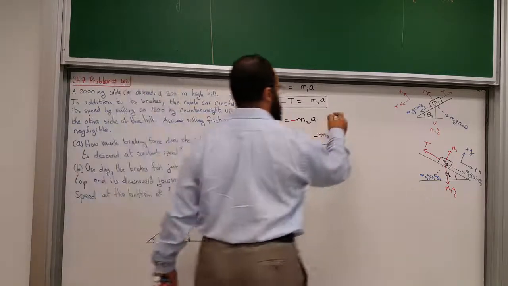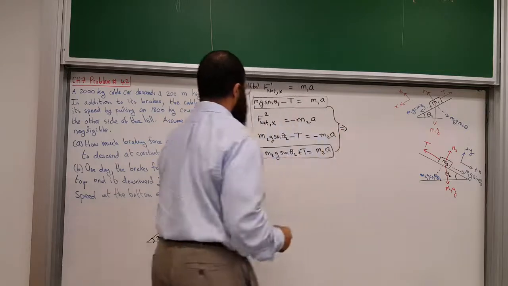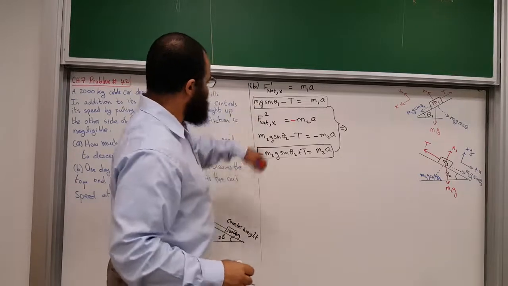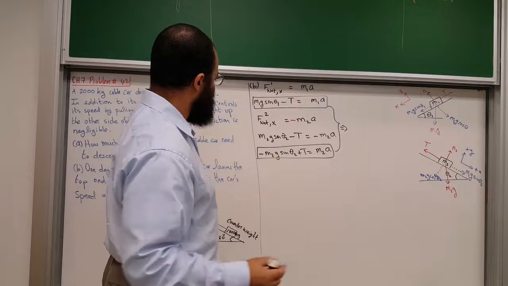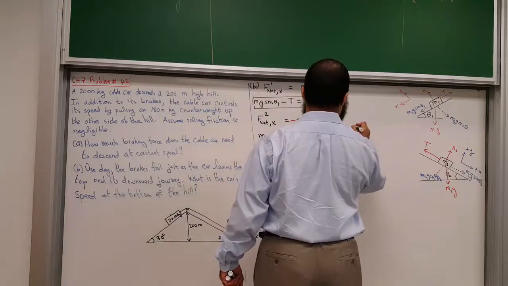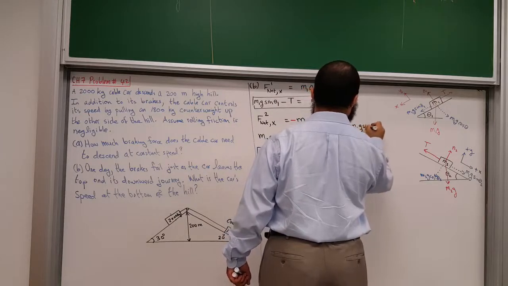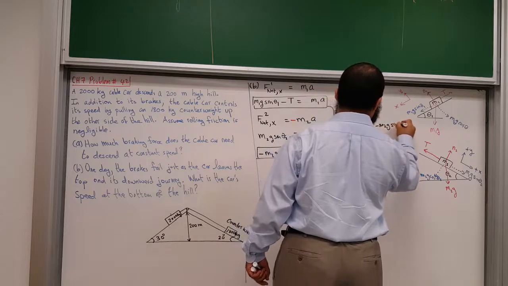So let's do that. Take these two equations and add them. So when you add them, this plus negative this, you get m1g sine theta 1 minus m2g sine theta 2. Let's do it in 2 steps. m1g sine theta 1 minus m2g sine theta 2.